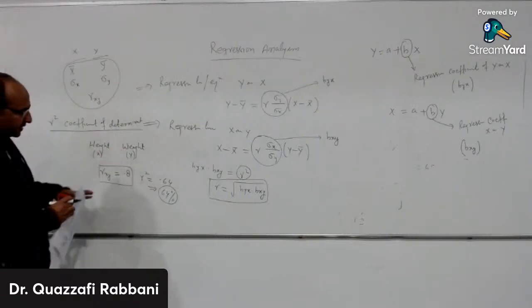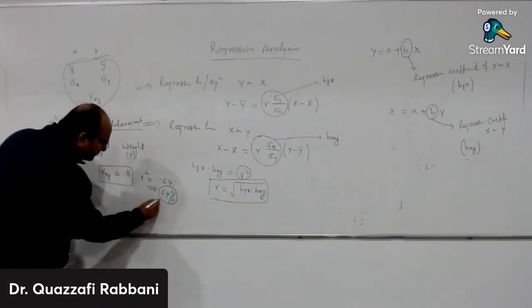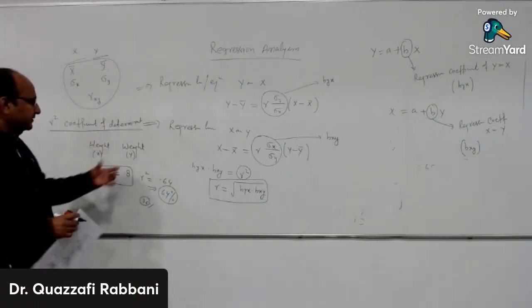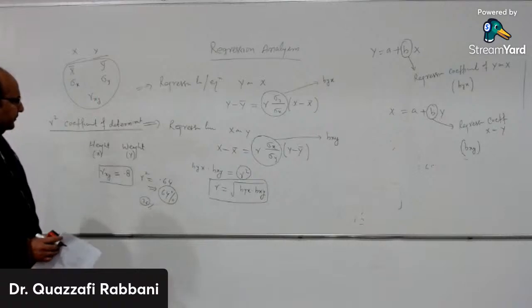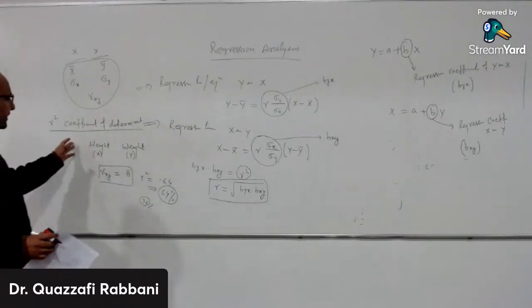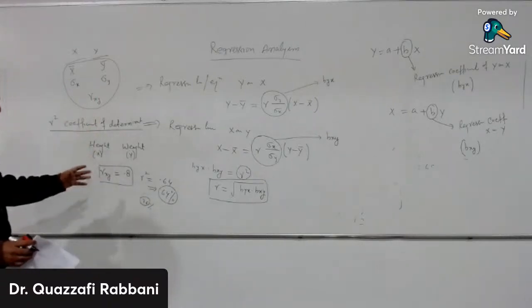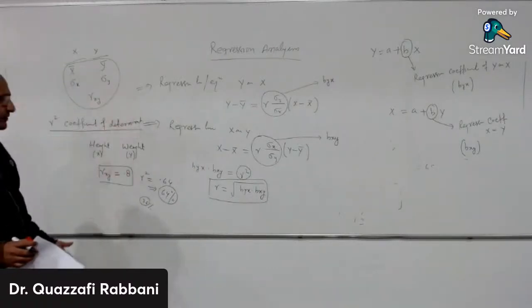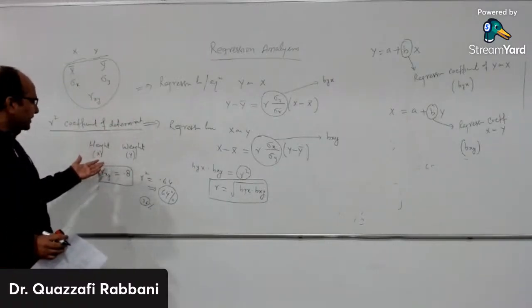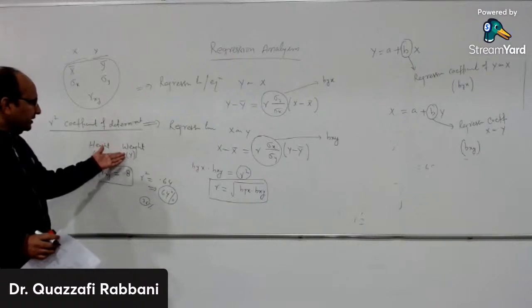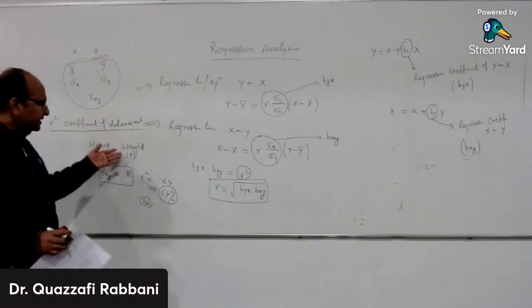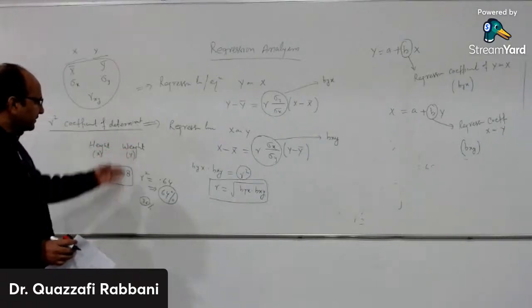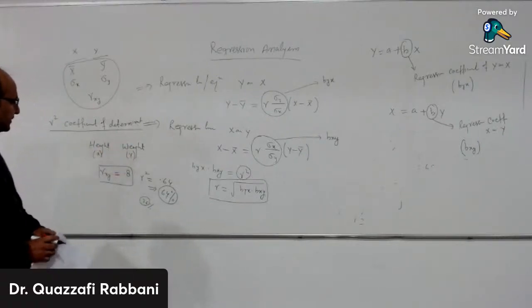The remaining 36% of changes in weight are due to some other factor which we have not considered in my example. So there may be some other independent variable which changes the weight.